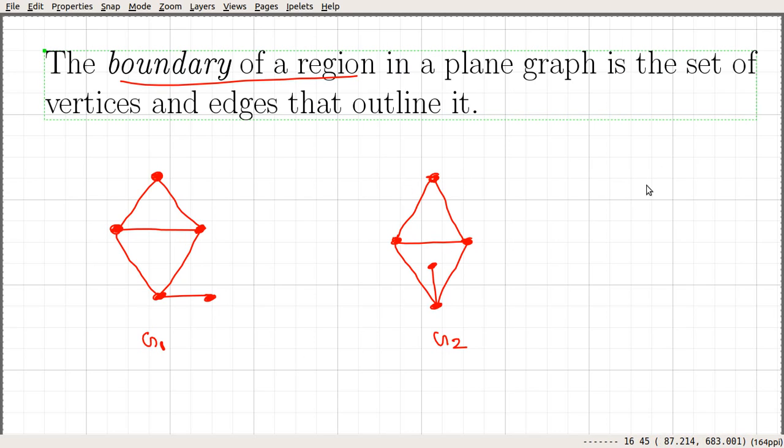We can see that these two graphs G1 and G2 are isomorphic, but they are two different plane graphs. So we have two different plane drawings here. Even though G1 and G2 are isomorphic, they are different plane graphs.